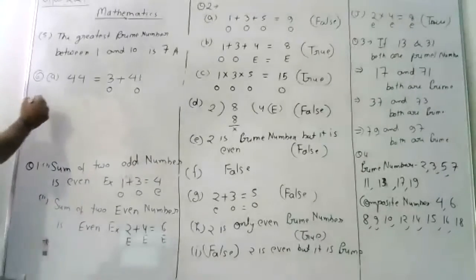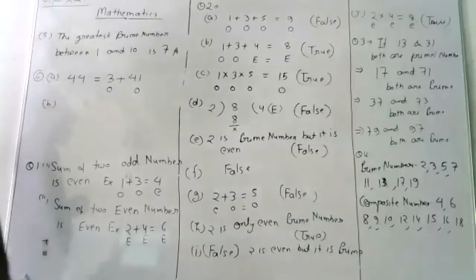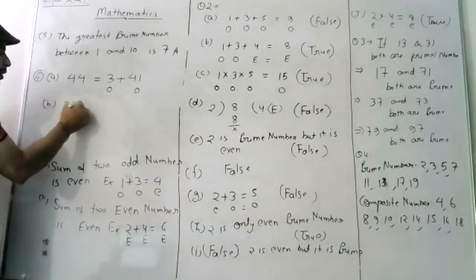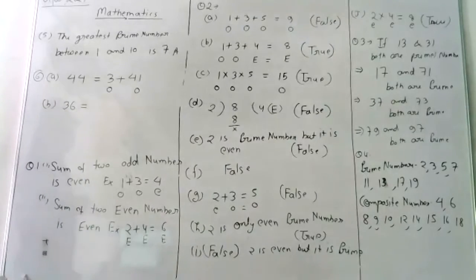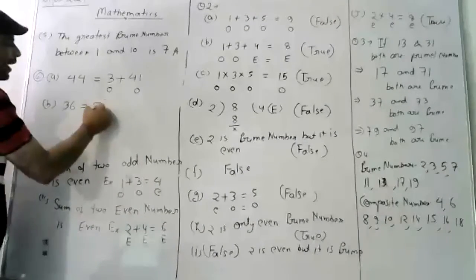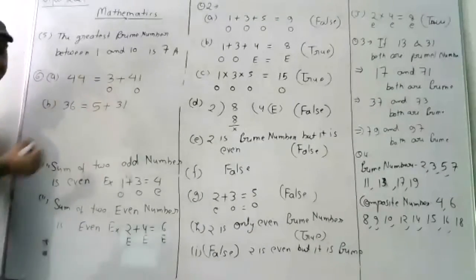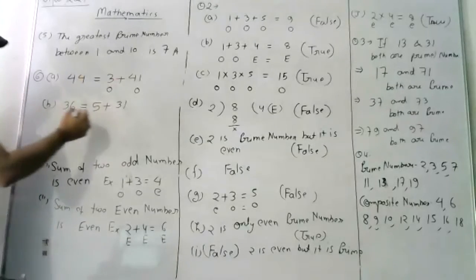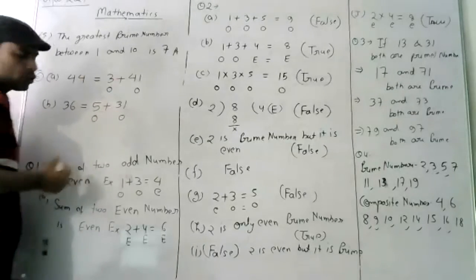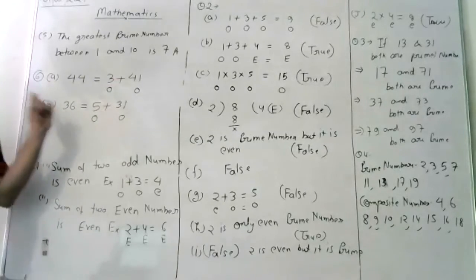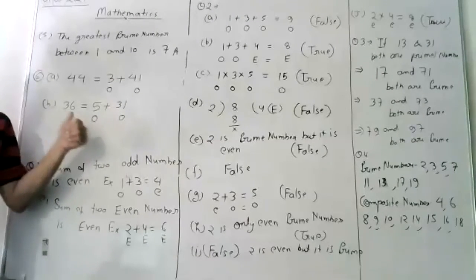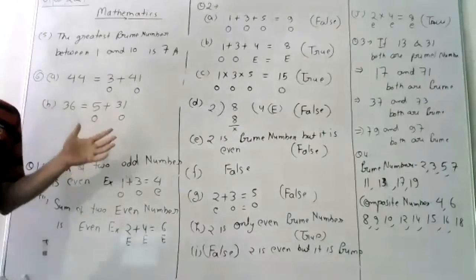Next, part B. The next number is 36. We write here 5 plus 31. Both are odd numbers. If we add these two numbers, we get the result 36.